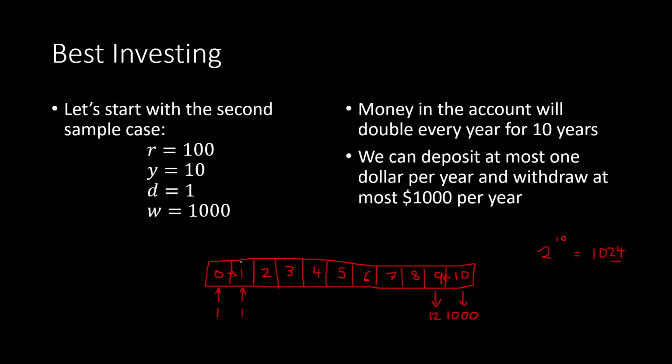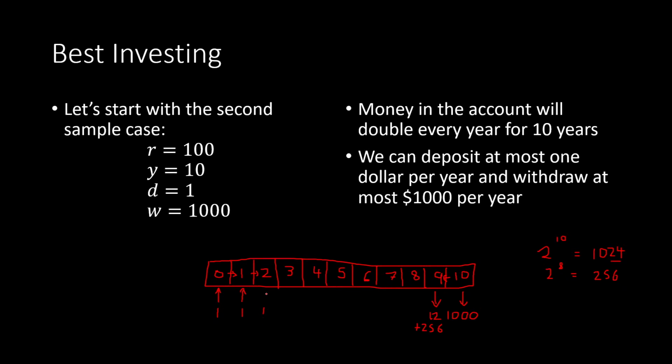So this $1, 8 years later, is going to grow to 2 to the power of 8, which is 256. And so we have 256 more dollars that we can withdraw after 9 years. So far this hasn't added up to 1,000, so we don't need to move this pointer when we withdraw. So we can keep going.